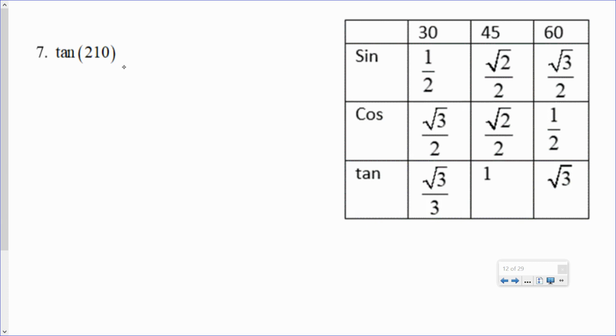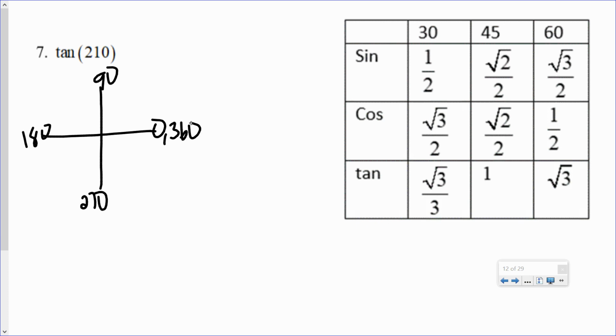I'll give you about 15 seconds to do that. 210 is in quadrant 3. The reference angle is 210 minus 180, which is 30.